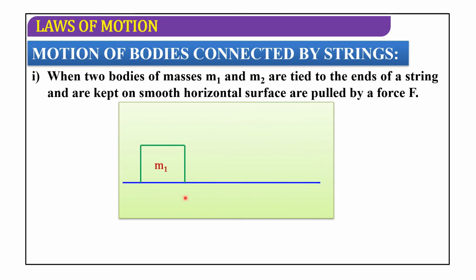This is the horizontal surface. We are placing two bodies of masses M1 and M2 tied at the ends of the string on a horizontal surface. These are M1 and M2, with weight M1g. So these are the tensions.